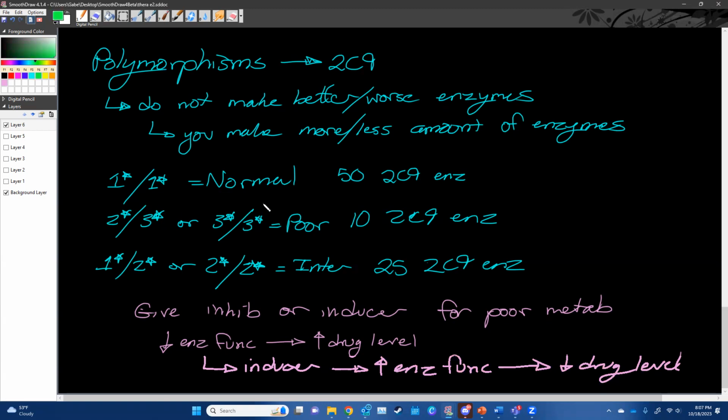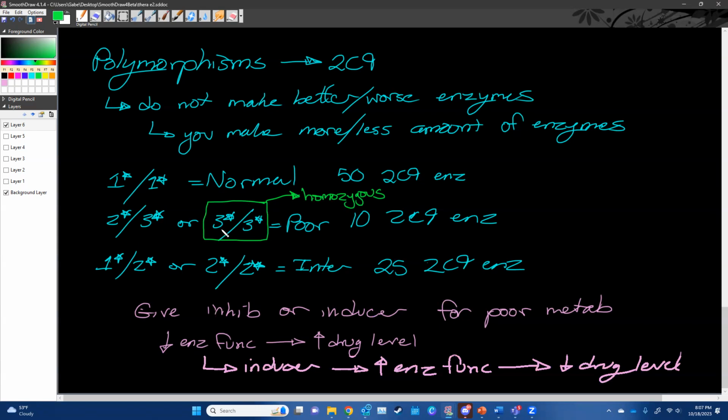How would we describe someone with this genetic? What is the word that describes this kind of genetics? Homozygous. One of the ways that this might get described on the test is, oh, patient is homozygous for star 3.